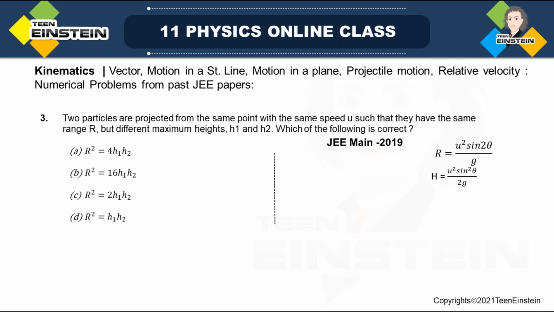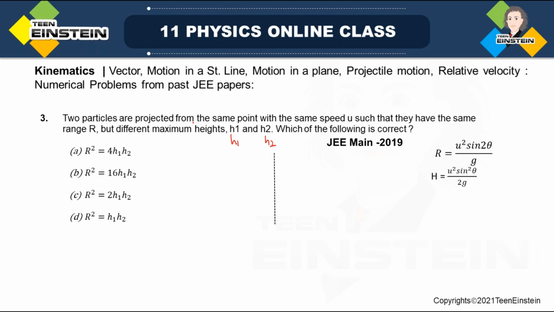So in this problem, what is stated? It is stated that these are actually H1 and H2. These are suffix H1 and this is H2. So there are two particles.